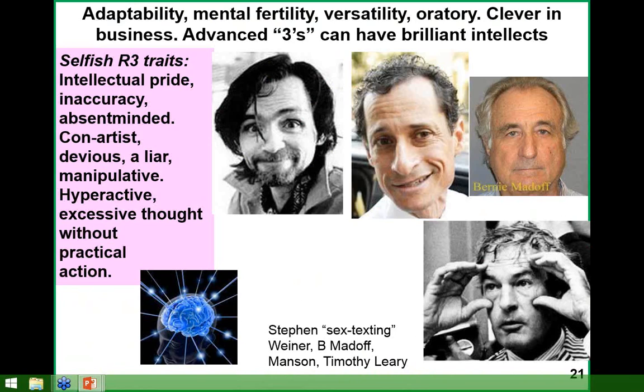On the left-hand side, I've got the selfish ray 3 traits: intellectual pride, inaccuracy, absent-minded, con artist, deviousness, a liar, manipulative, hyperactive, excessive thought without practical actions. So these are just some of the type.